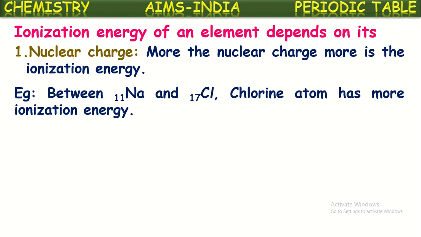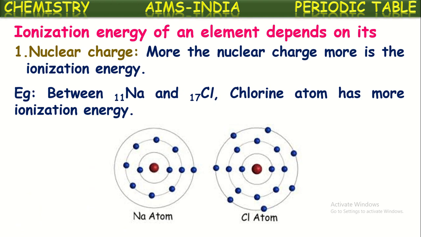For example, between sodium and chlorine, the chlorine atom has more ionization energy. Why? Because sodium and chlorine both belong to the same period, so both have the same number of shells, and from left to right, from sodium to chlorine, atomic size decreases.